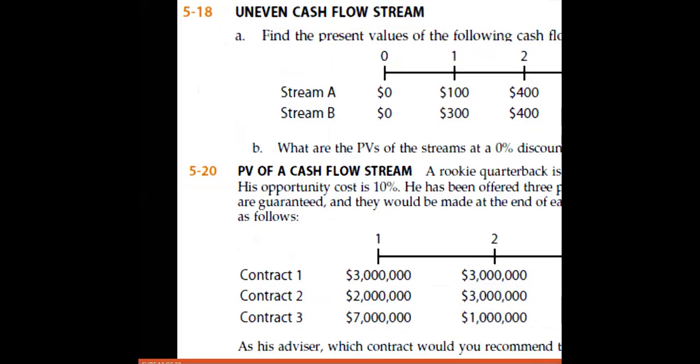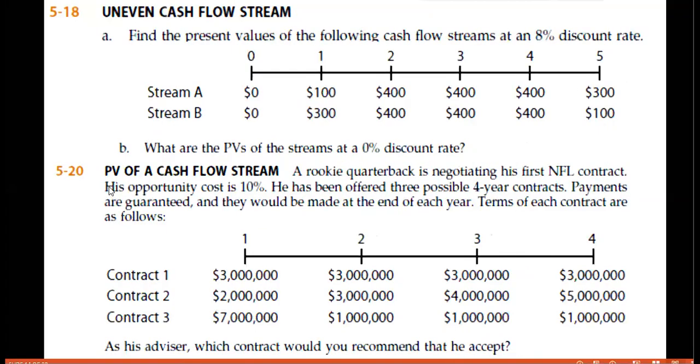The last problem for today is 5-20. I'm just going to go through it. Here we have 10% rate. That is your interest rate. We have 3 different contracts with 3 different amounts, and present value is required.